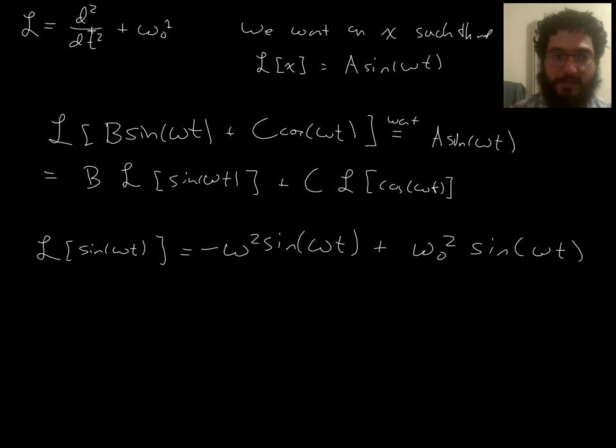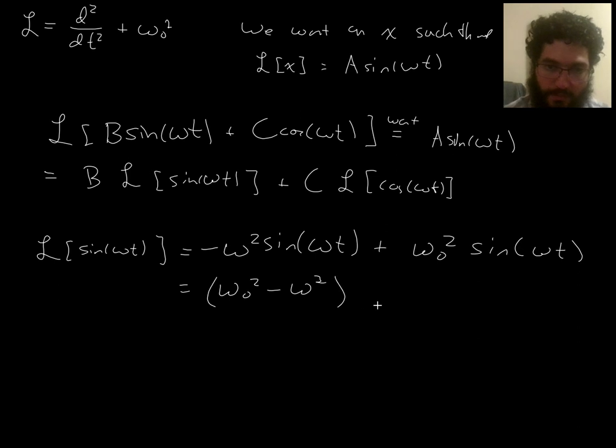Because when you apply L to something, it applies two time derivatives, and it also adds multiplying the thing by omega naught squared. Okay, interesting. So omega naught squared minus omega squared, all times the sine of omega t. That actually seems like enough, right?